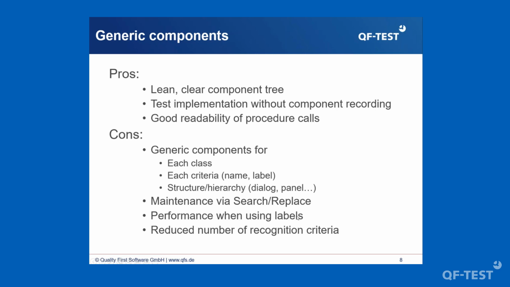But when you use the labels for component recognition, well, it's okay when there aren't too many components on that page, then you probably won't notice it at all. But when you get web applications with hundreds or thousands of GUI objects, most of them hidden, obviously, but still they're there, then it can be noticeable when you're working with labels.